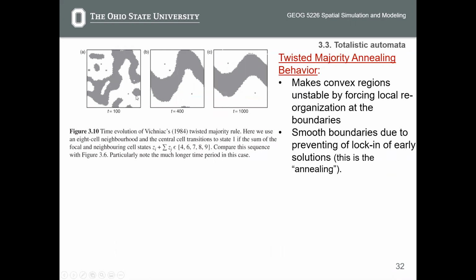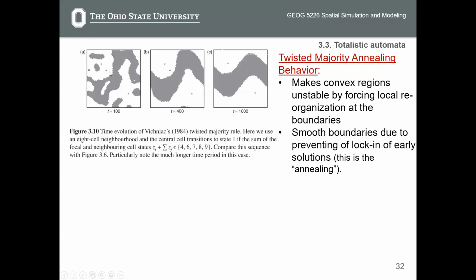So this is an example of the specific simulation. After 100 ticks, this is a spatial distribution. Then 400, 1,100. You can see that the shape of the gray cells, in NetLogo it should be black, but let's just say gray, is becoming smoother and smoother.